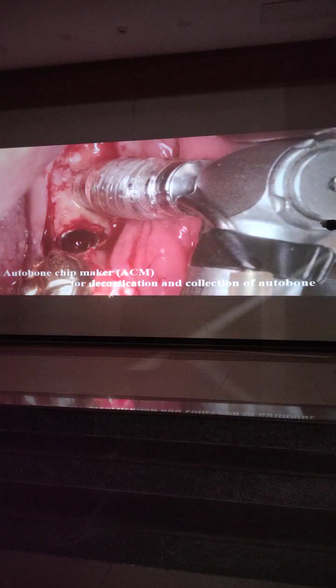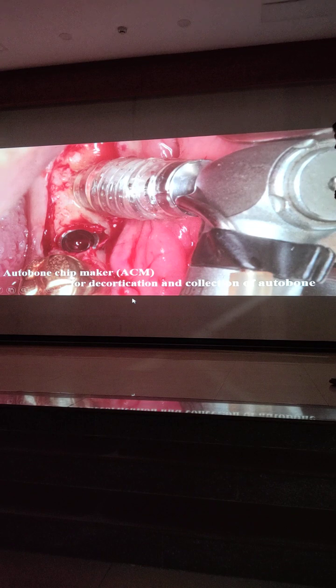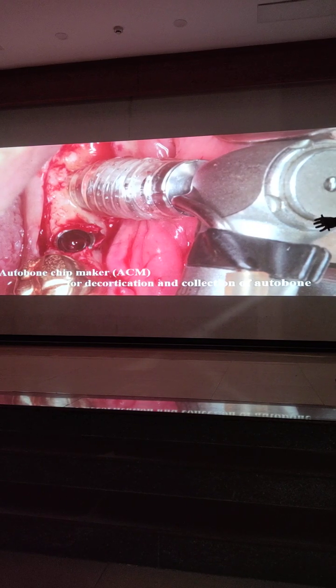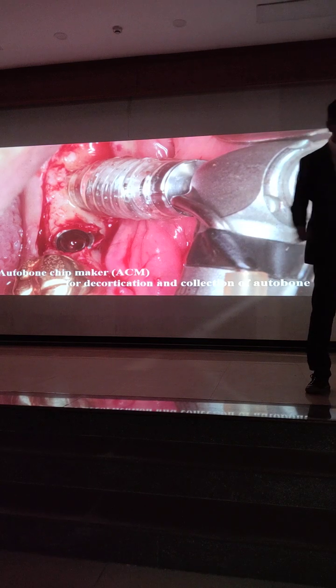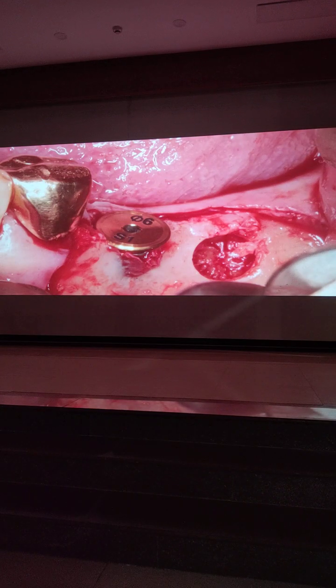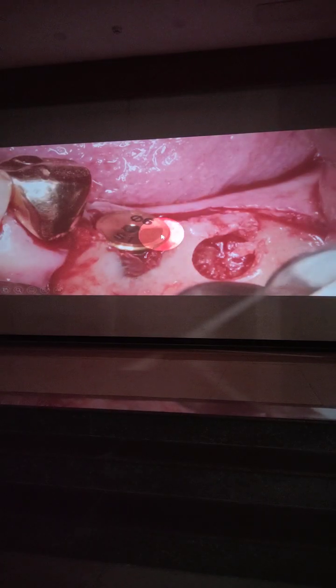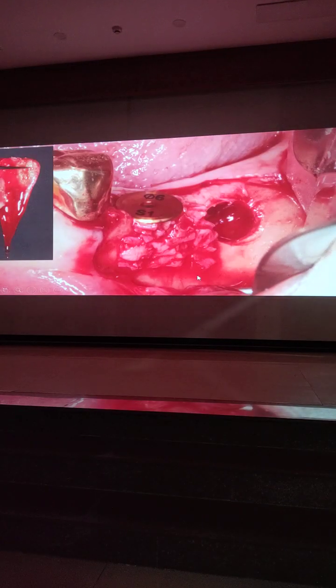Autogenous tooth bone was used, not only for the graft, but also as a collection of bone chips. This is the option. And Santa 1 was placed, and the bone was grafted here.